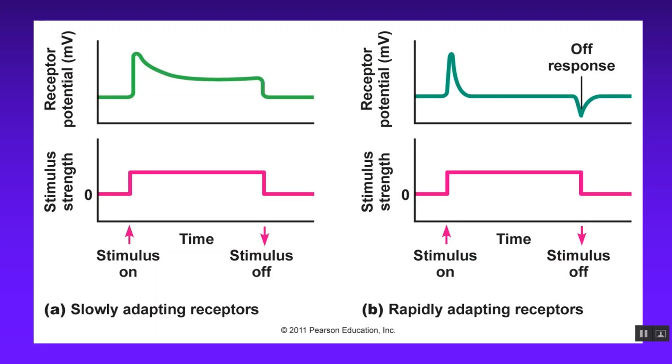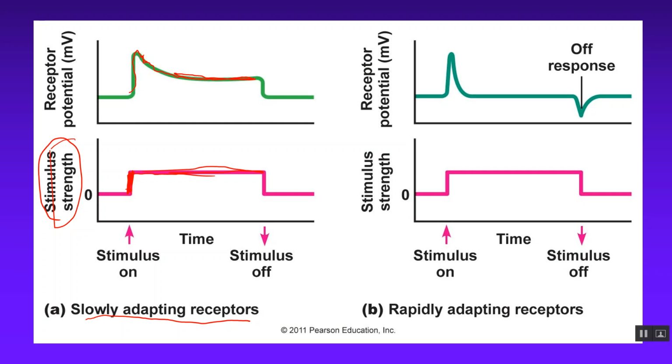So here's the stimulus right here. You apply a stimulus, and this is the strength of the stimulus. It's relative, but here's a stimulus that you apply to the skin. Let's say it's pressure. You push on somebody's skin. If it falls on a slow adapting, or tonic, receptor, you get an initial burst of activity, or multiple action potentials, and then it falls off a little bit, but then it maintains a certain level of activity as long as the stimulus is maintained.